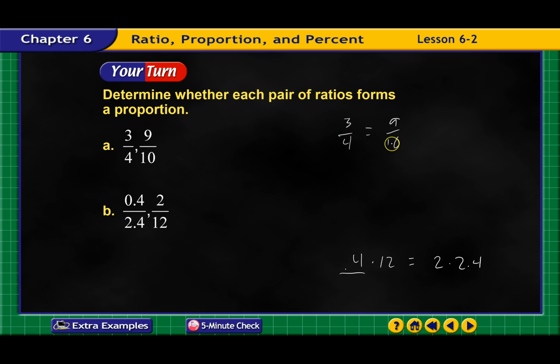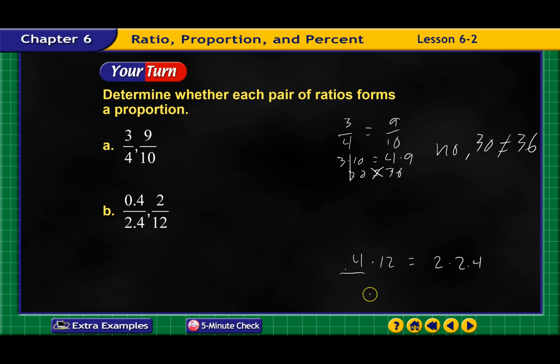We cross multiply, so I'd have 3 times 10 equals 4 times 9, and yes, you have to write out all these steps to show your work. 30 equals 36. Those are not equal, so no, they do not form a proportion. Or no, 30 is not equal to 36 is probably the best way to say that.